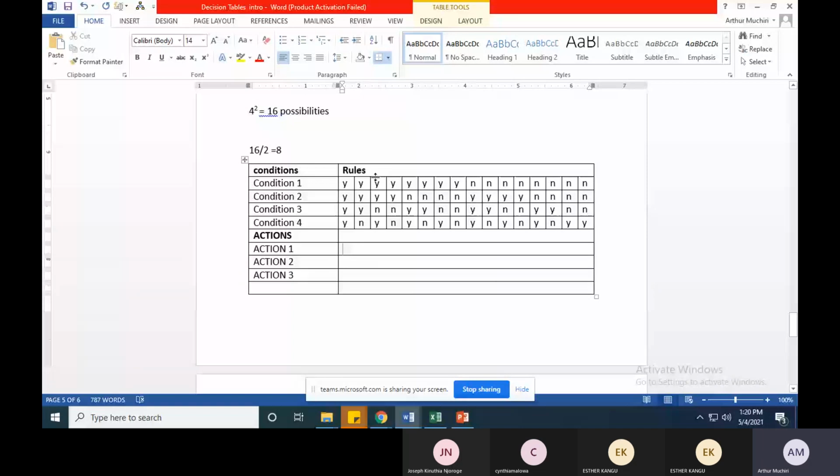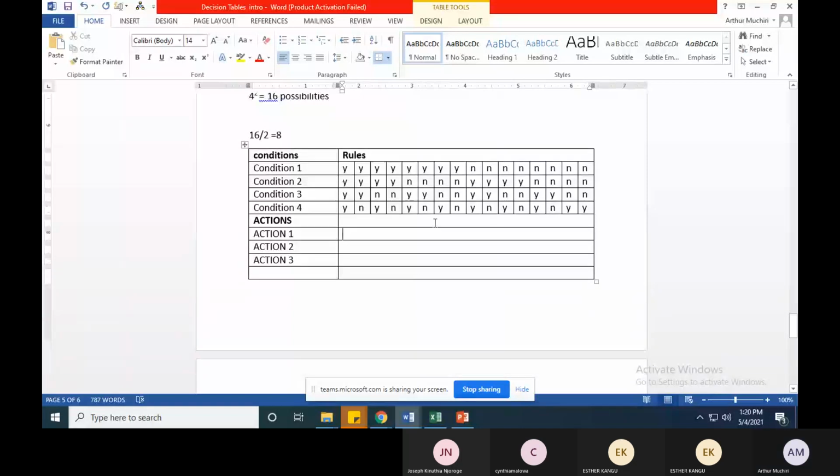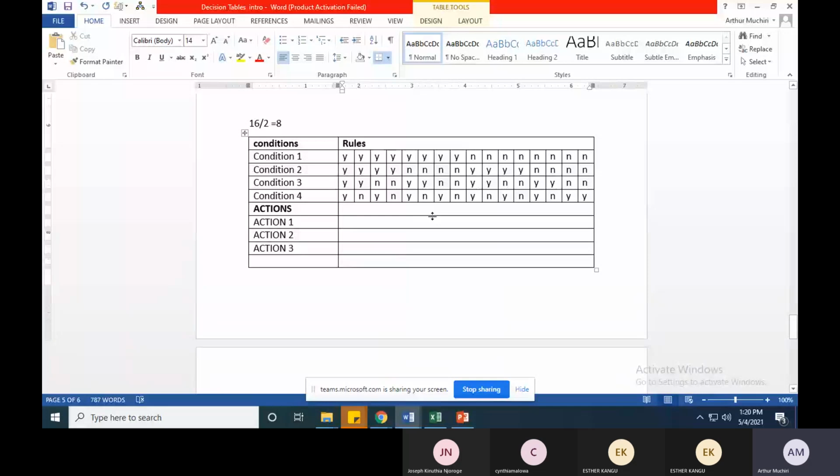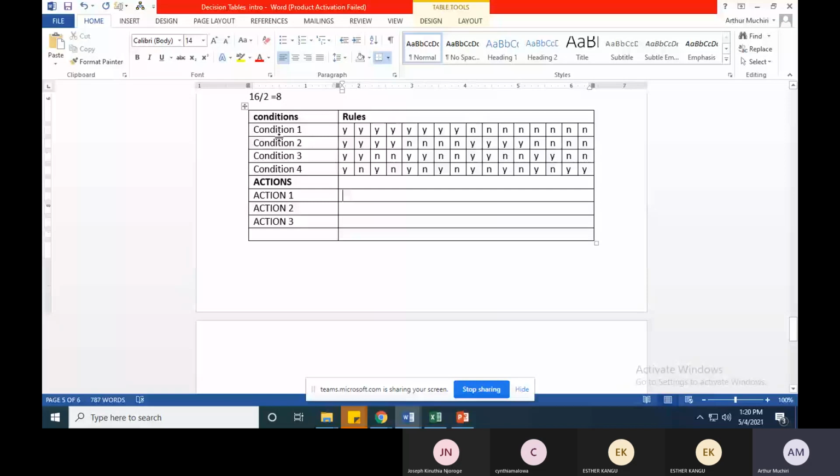So far, I don't have a question that has got all these conditions. I don't have a question that has got 4 conditions. The maximum I have is 2, which is easier. I have not seen one, but maybe I can research on that.